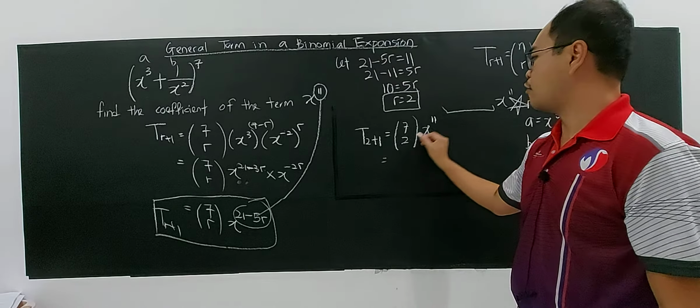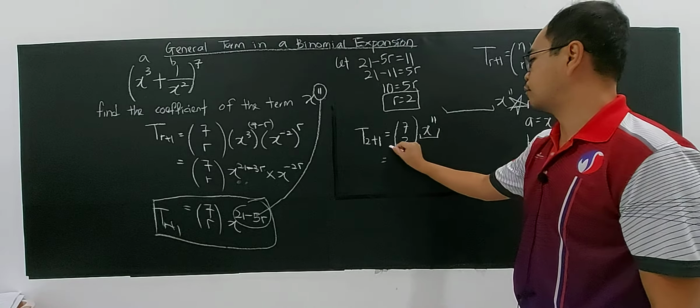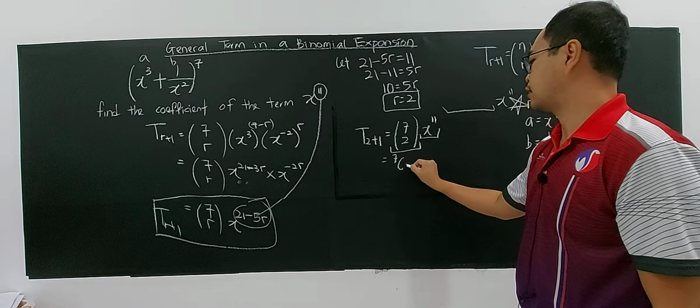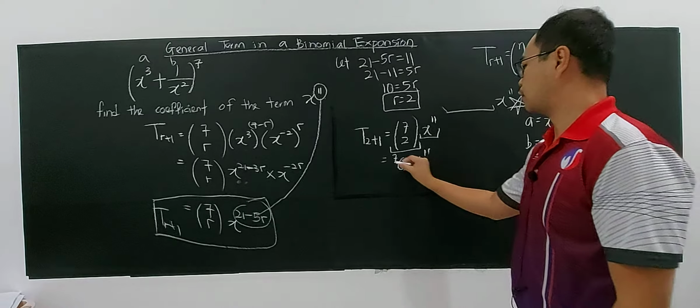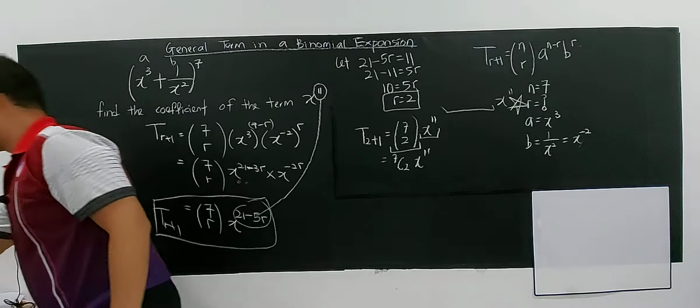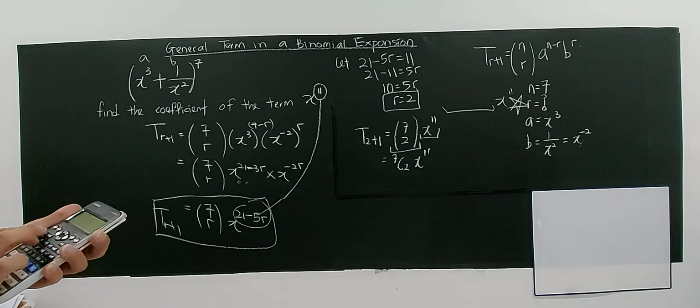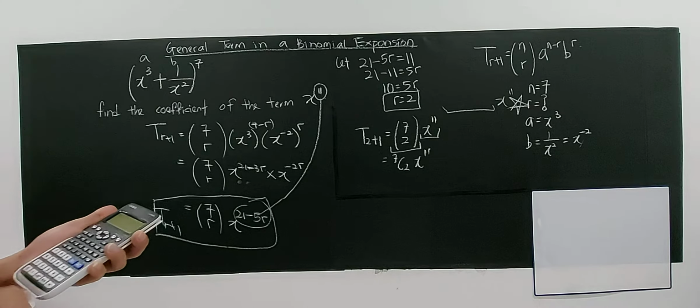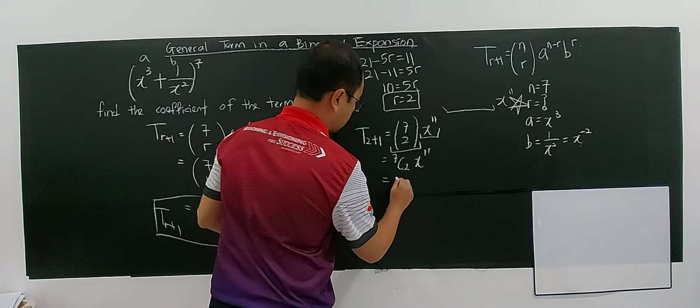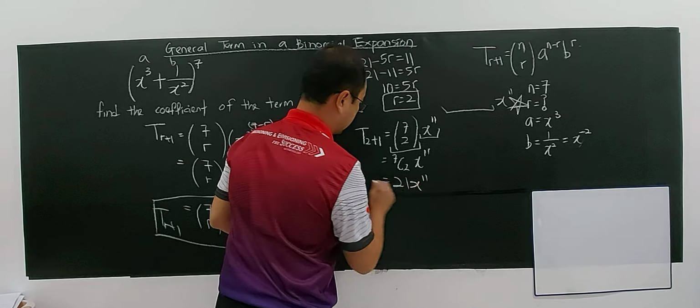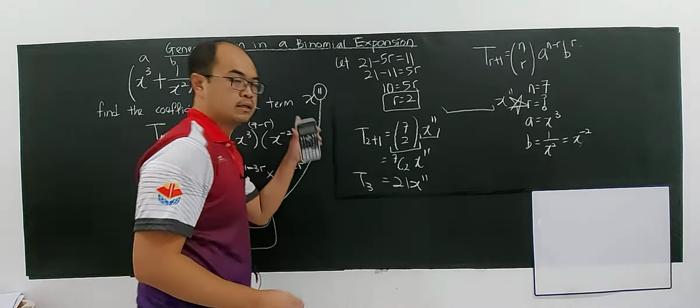So the coefficient for x to the power of 11 will be 7C2. Through the calculator, you key in 7 shift C 2, and you get 21. It is 21 x to the power of 11, which is the third term in the expansion.